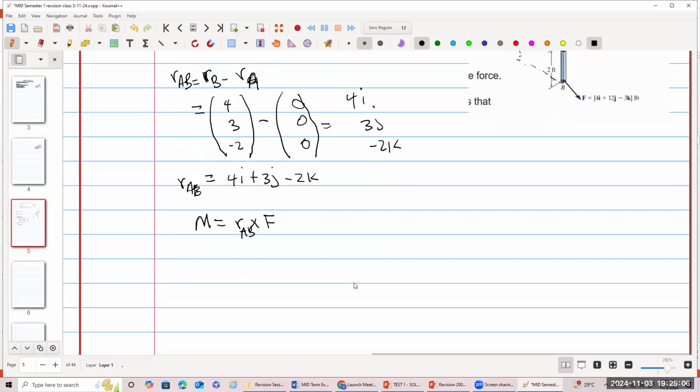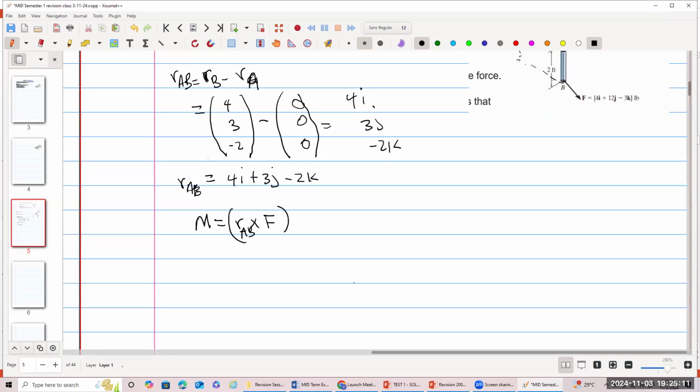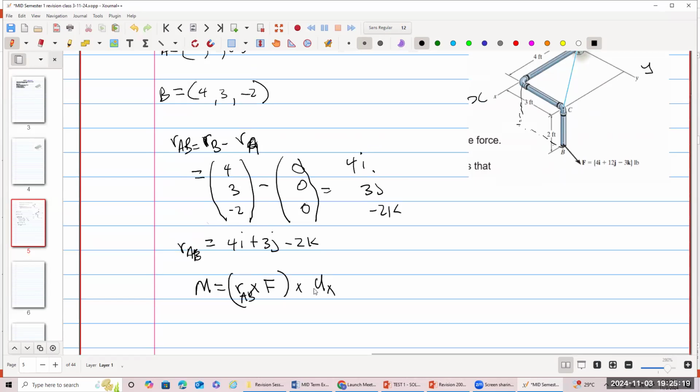But because we're finding it about an axis, to get the triple product about the line, which is the x-axis, we need the unit vector of the x-axis, ux, dotted with this. By the way, I shouldn't write it this way technically, because it's all cross product.